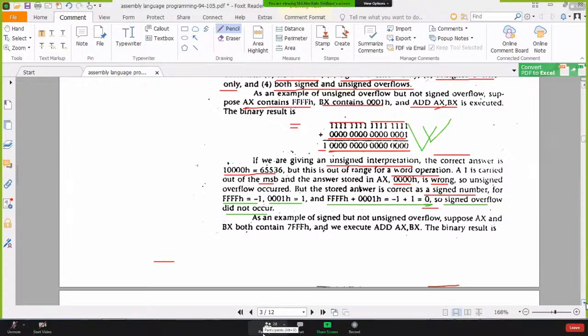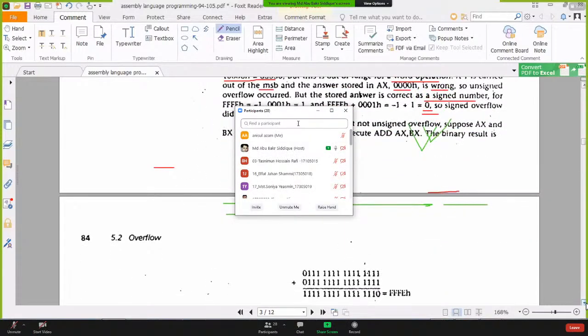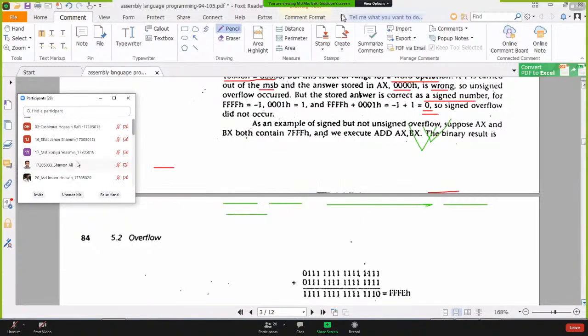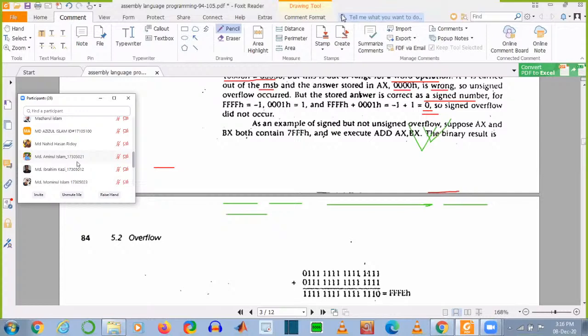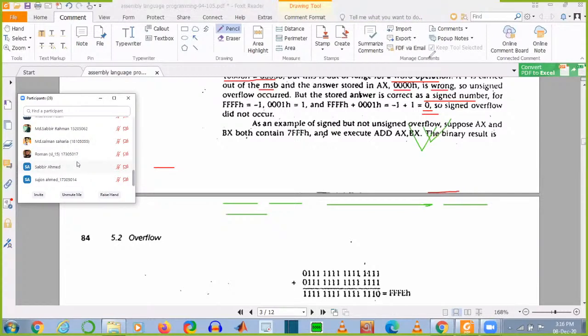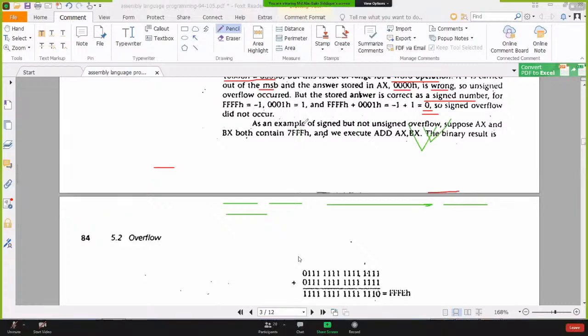Okay, good. So let's see another example. As an example of signed but not unsigned overflow.